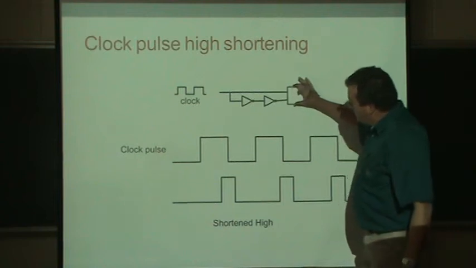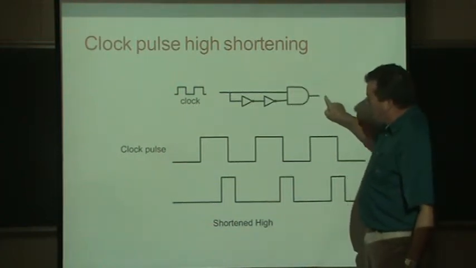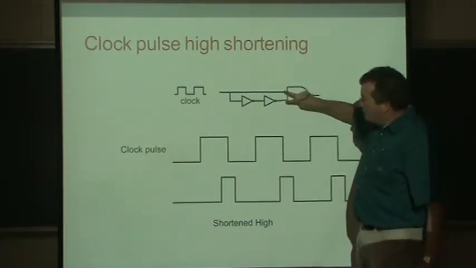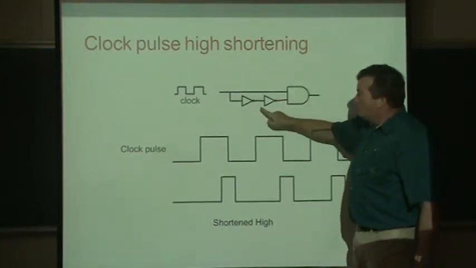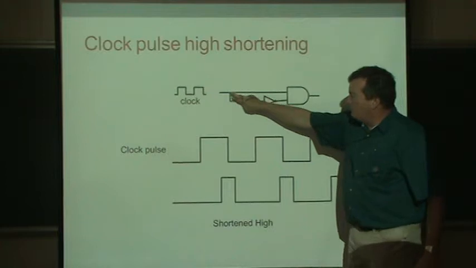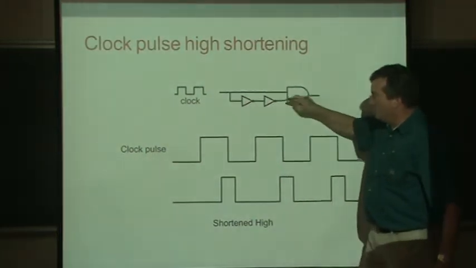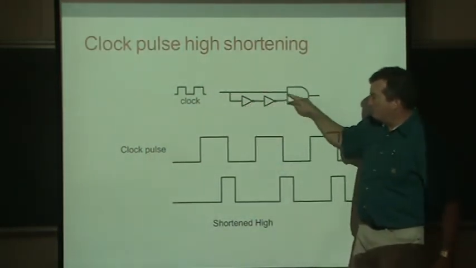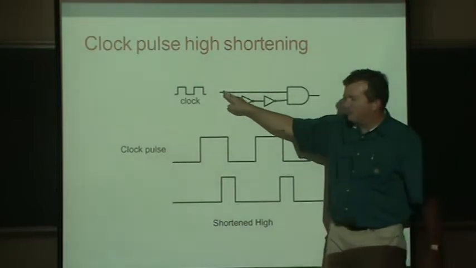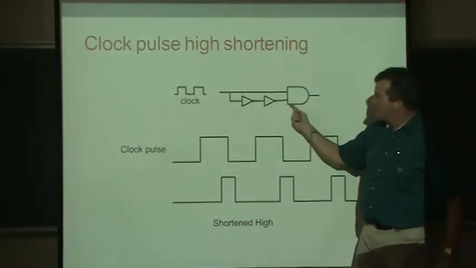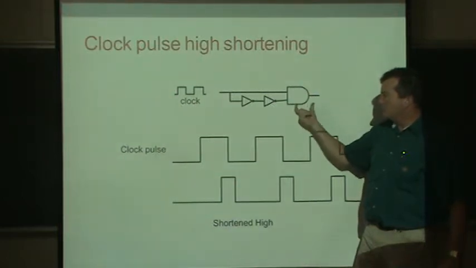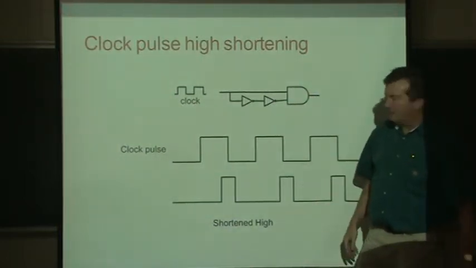And we only want the output here to be high if both of these are 1s. Well, when are both of these 1s? Well, if there was no delay, when the input is 1, they'd both be 1s, and when the input is 0, they'd both be 0s. So the output would match the input if there was no delay. Actually, there'd be a little bit of a delay in the AND gate, so it would still be slightly delayed.